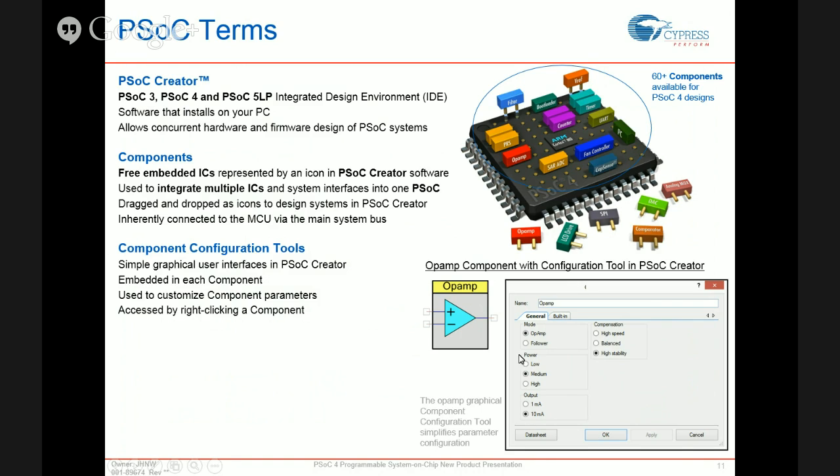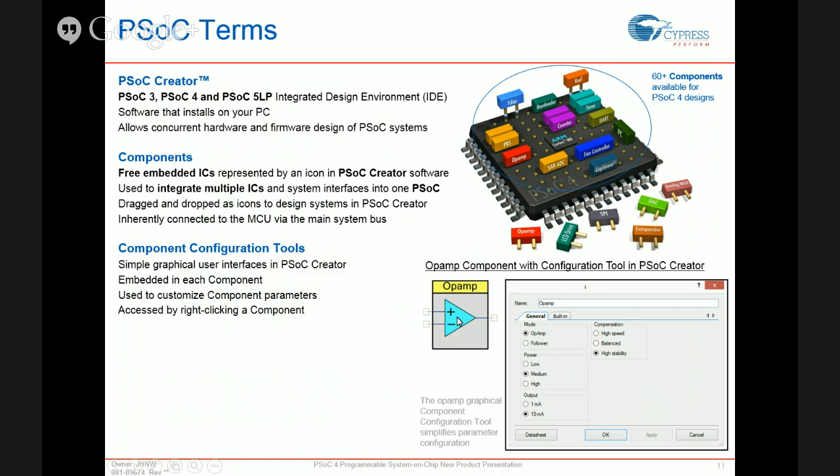Inside the PSoC Creator tool, these components are represented by an icon, like this op-amp right here, and each component has its own configuration tool, which allows you to exactly configure and set up these components. In addition to the configuration tool, each component also has a data sheet, which describes exactly how this particular component works, how it's characterized from an AC and DC electrical characterization point of view.